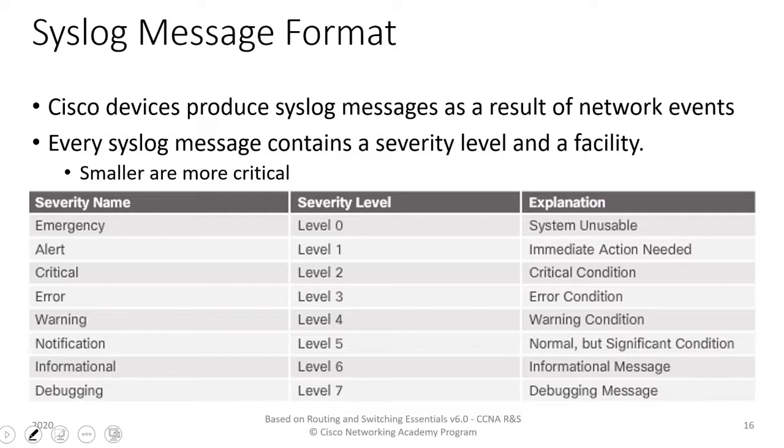So in terms of the syslog messages, there can be a number of levels of these messages. Not every message is going to have the same level of severity. There can be emergency messages, and certain ones can be informational or debugging messages that are not so critical, whereas emergency or alert messages can be much more important, the severity can be higher.